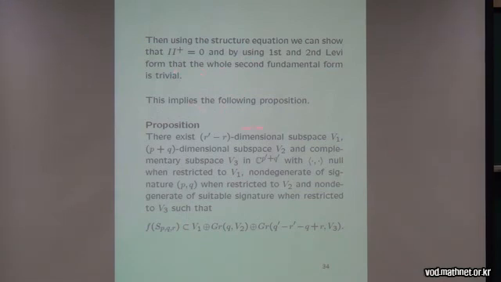That means the embedding is actually a flat embedding, and that is the proposition. So we have a flat embedding. So this image is here. This is constant, and the image is actually in here. So here it is a flat embedding.